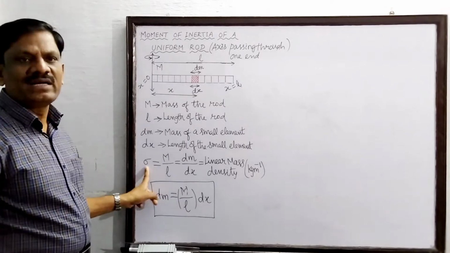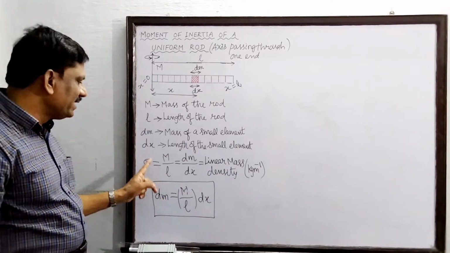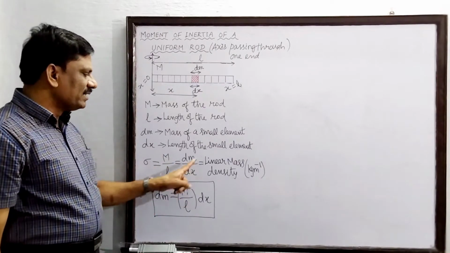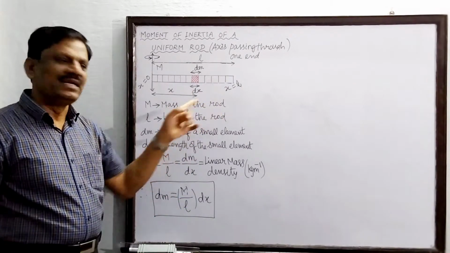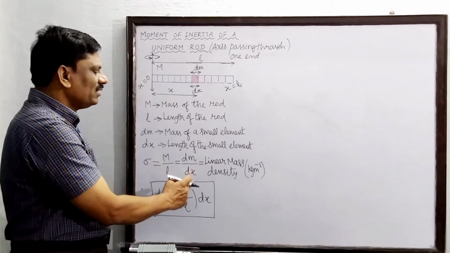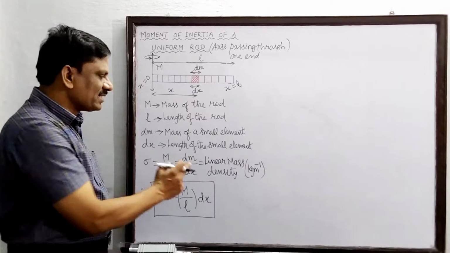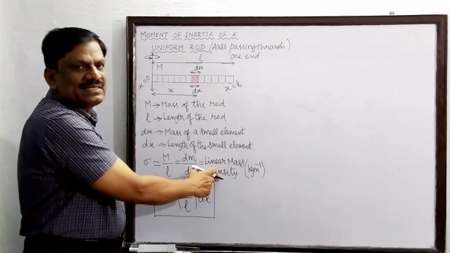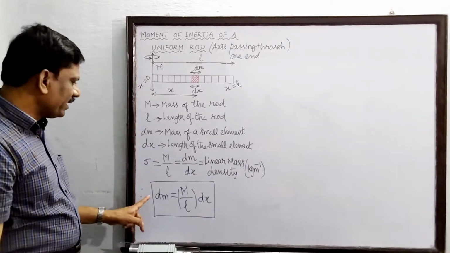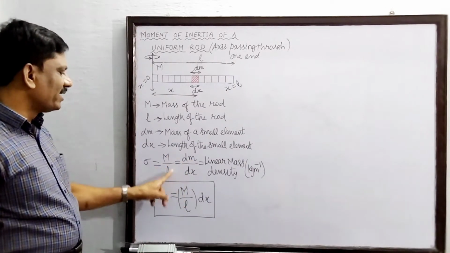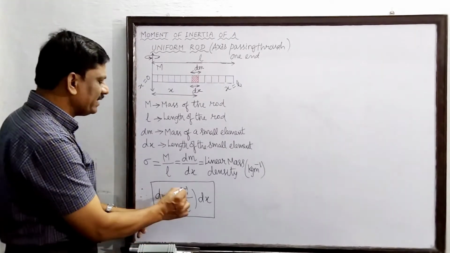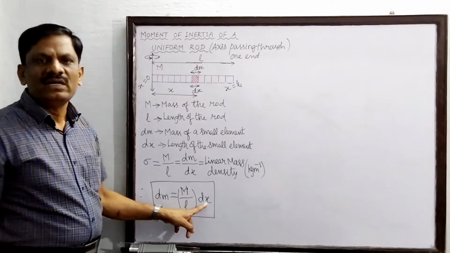It is represented by the symbol sigma, which is equal to the total mass divided by the total length, or the mass of the small element divided by the length of the small element. This ratio is a constant called linear mass density, with unit kilogram per meter. So dm by dx is equal to M by L. Therefore, dm, the mass of one small element, is equal to M by L into dx.